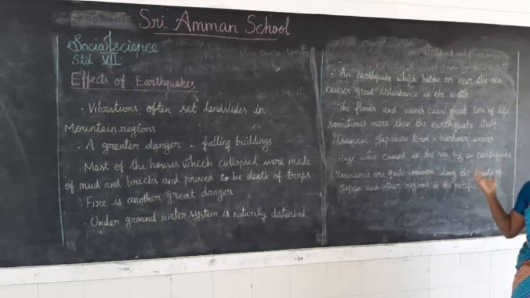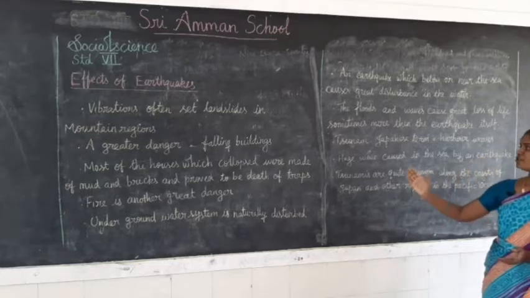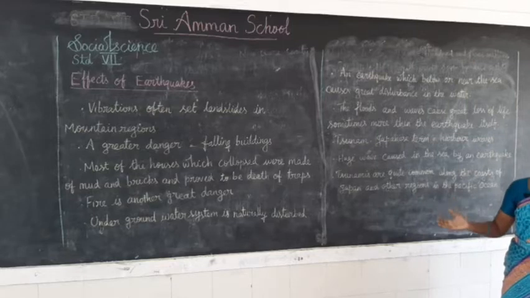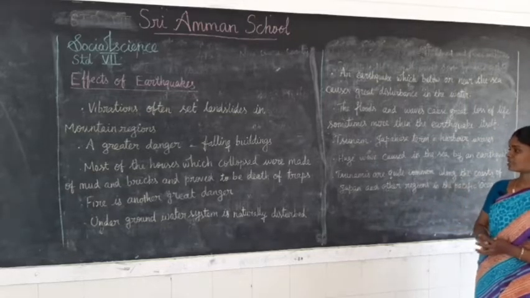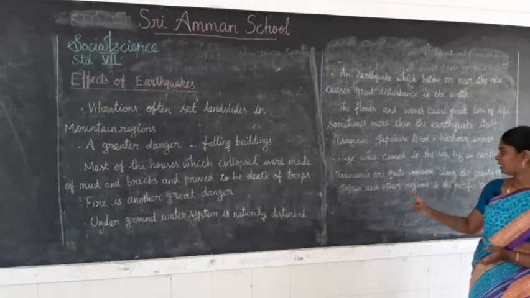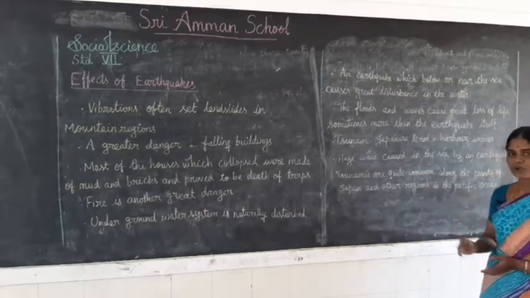Tsunami is a Japanese term. It means harbor waves, huge waves caused in the sea by the earthquakes. Tsunamis are quite common along the coast of Japan and other regions in the Pacific Ocean.